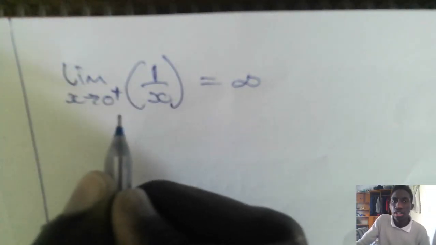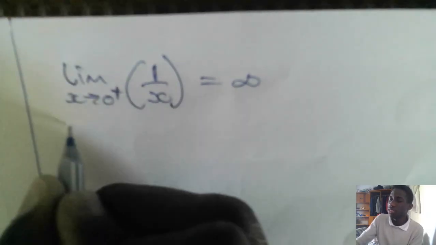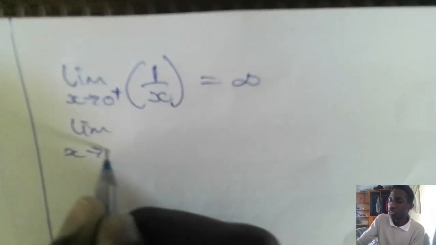So we can just run through that again. The limit as x approaches 0 from the right of 1 over x. So we know that the answer is going to be infinity, right? We've already seen that in the previous video. And then the other one was negative infinity.